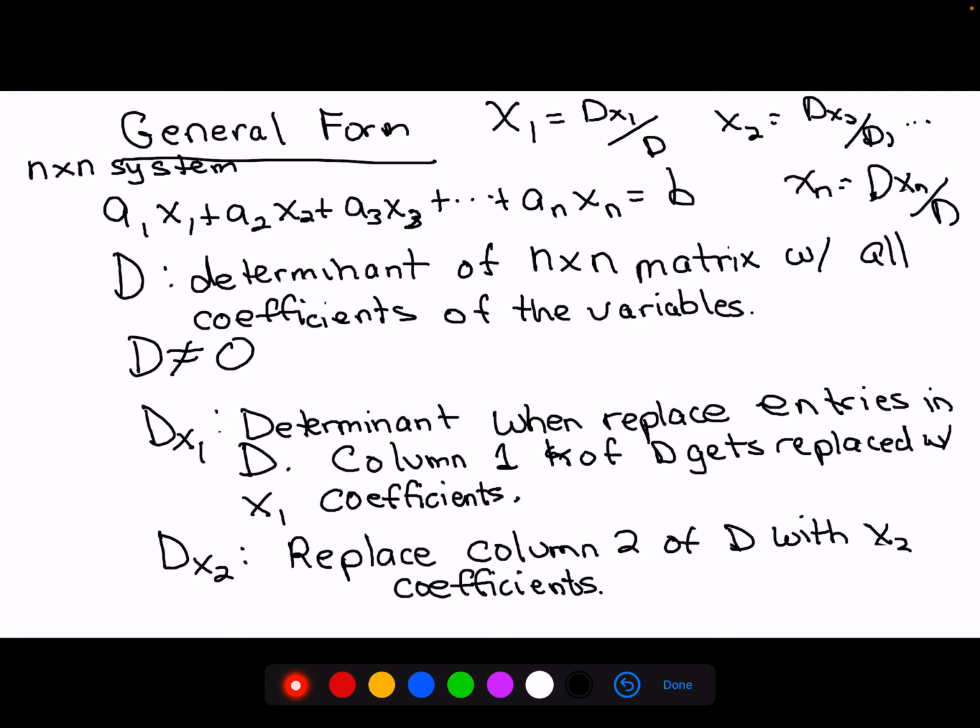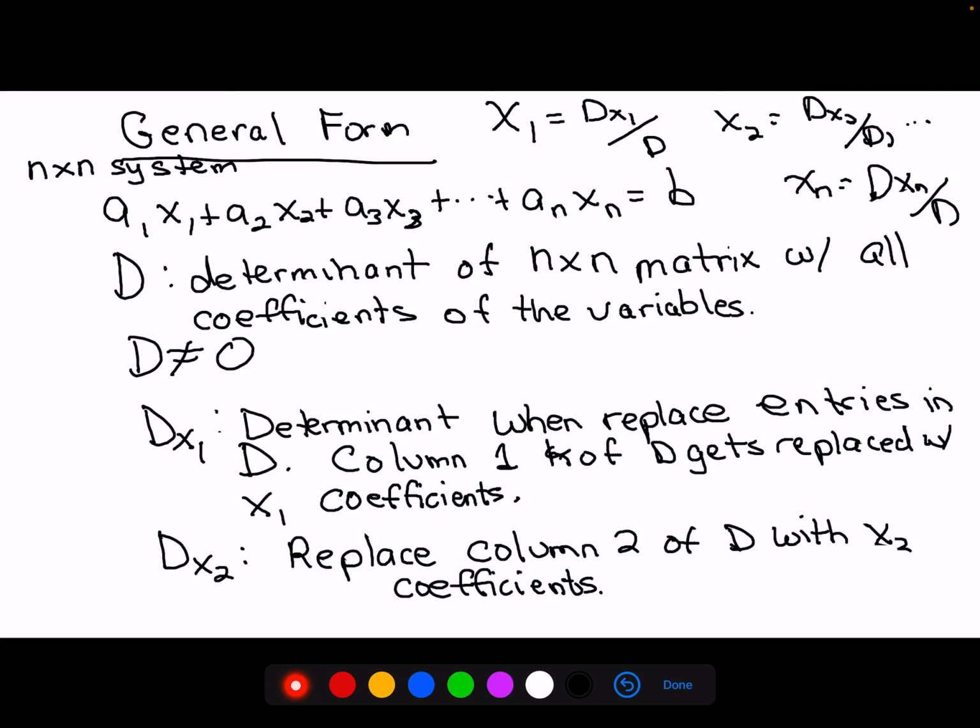So all the coefficients for x sub 1 get replaced by those b values in D sub x1. The coefficients for x sub 2 get replaced by those b values in the x sub 2 column, and so on. And then you still do those little ratios to get your values.